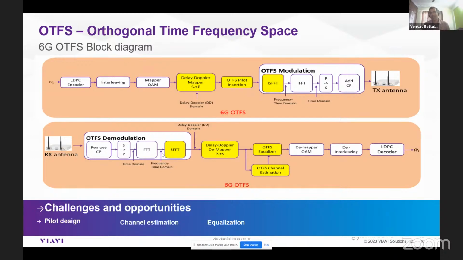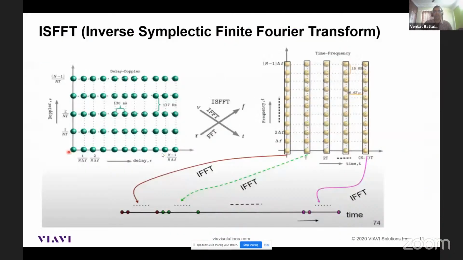Your signal is what is transmitted in the delay-Doppler domain. You again have the problem of channel estimation and equalization to mitigate the effect of the channel, and then go to the demapper, deinterleaver, and LDPC decoder. So that's the quick introduction.